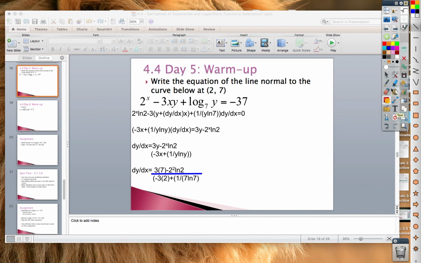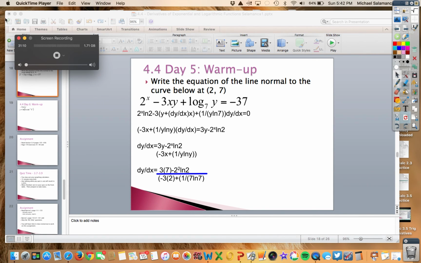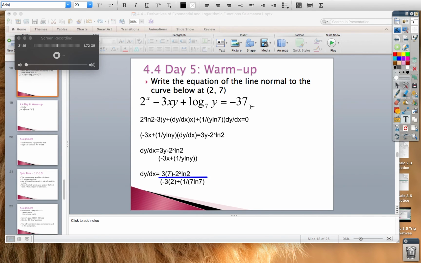I'm going to pause this really quick so I can give you an exact number. So your answer in this particular case turns out to be dy/dx equals negative 3.076, and that's the slope of the tangent. Remember, we want the equation for the normal.